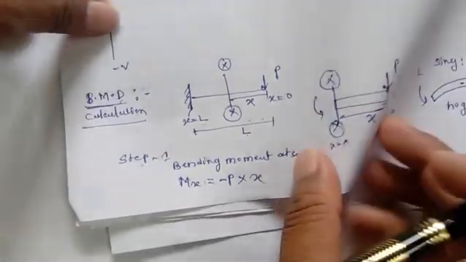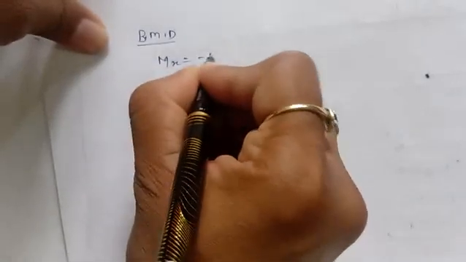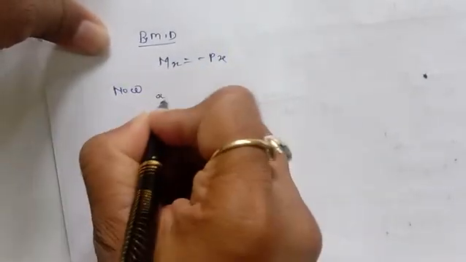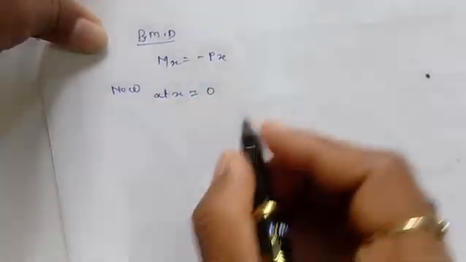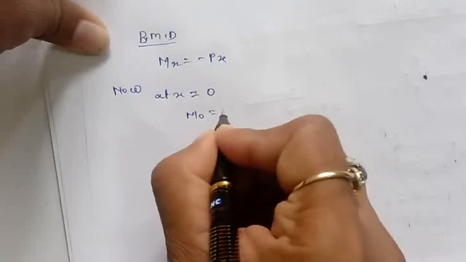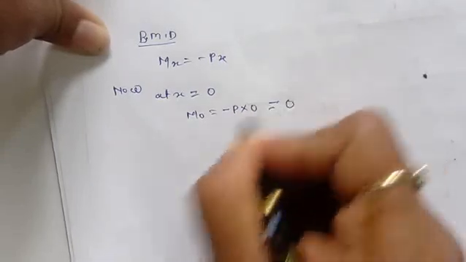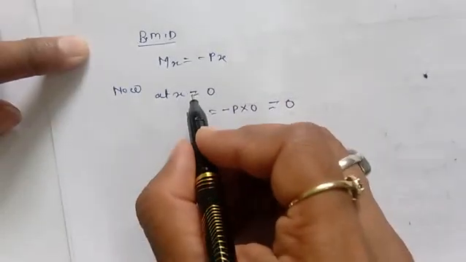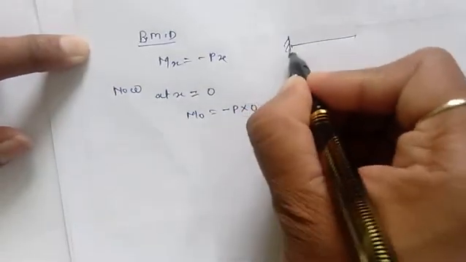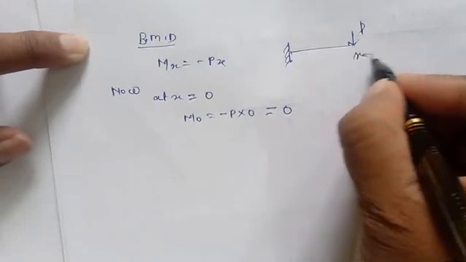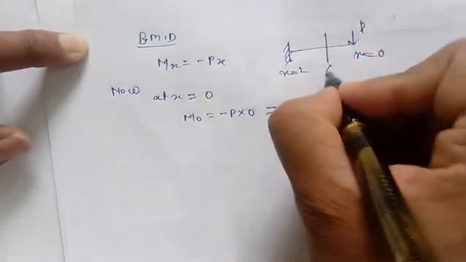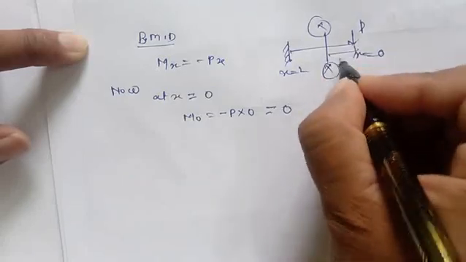Now here we can see the bending moment diagram. Since M_x equals minus P x, at x equal to 0, M_0 is P into 0, that is 0. So at x equal to 0, this was our cantilever beam, this is the P, x equal to 0, x equal to L here, and here our section is x, and this is the x distance.